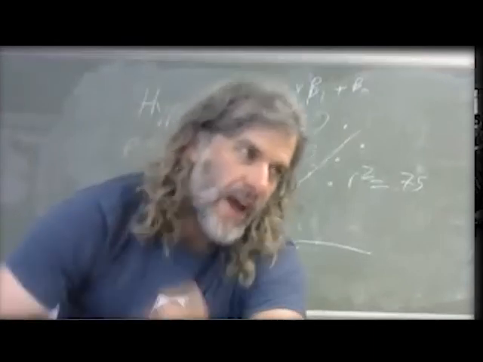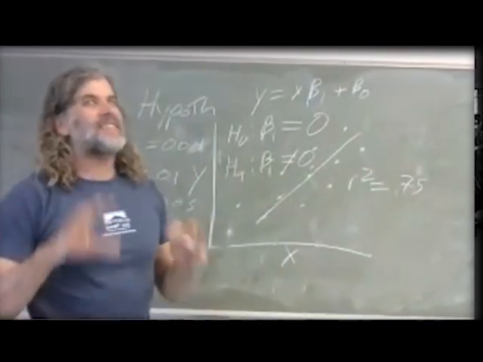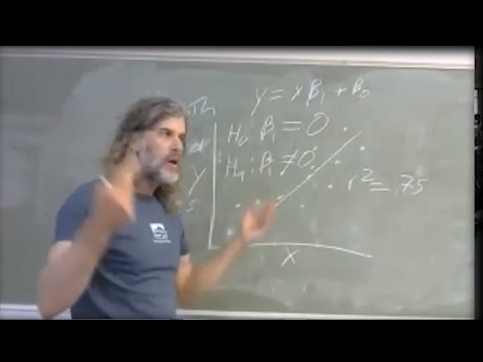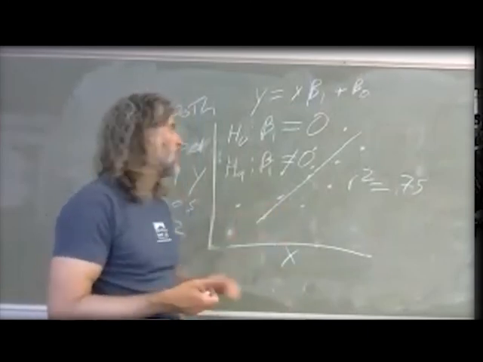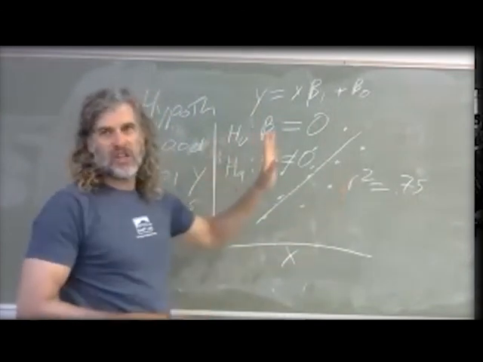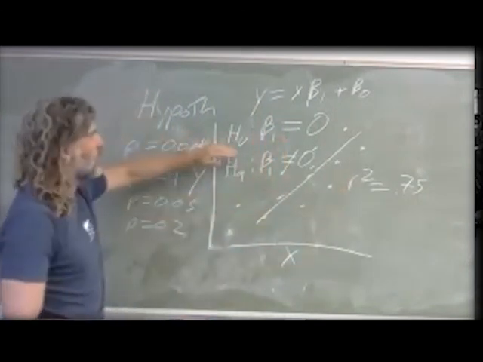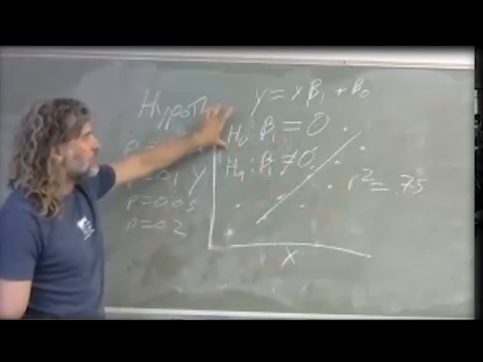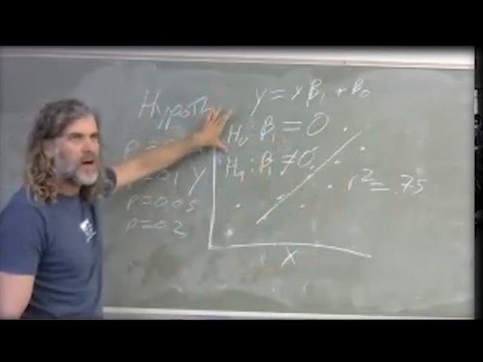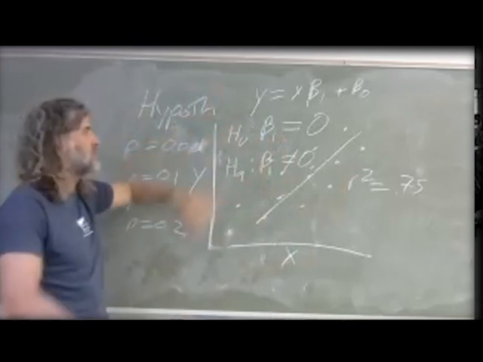And in fact, I've noticed this over the last 10 years, although it's a trend that's been going on for the last 30 years or so, this whole framework is changing. What we're doing here is we're trying to disprove this null hypothesis that no relationship exists.